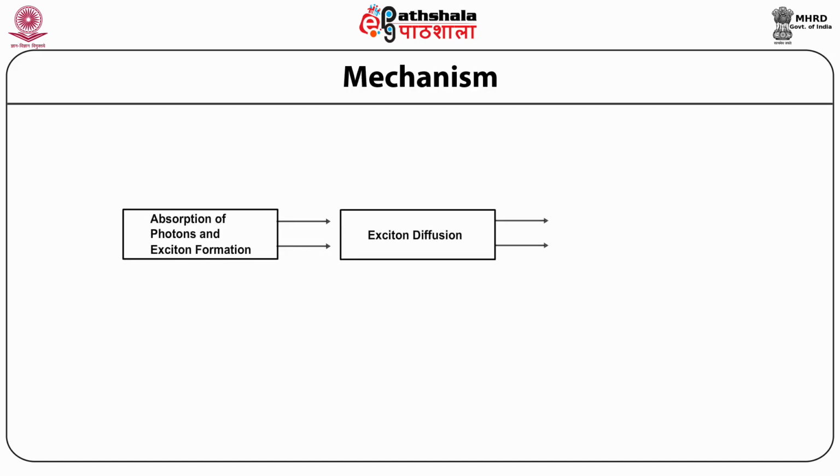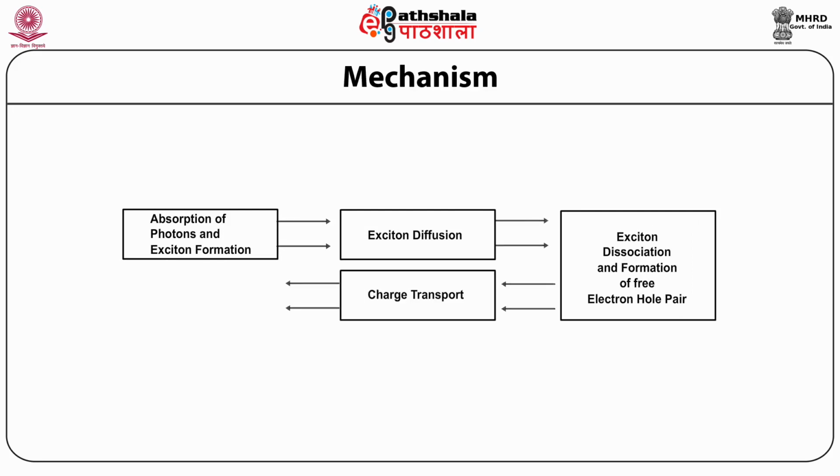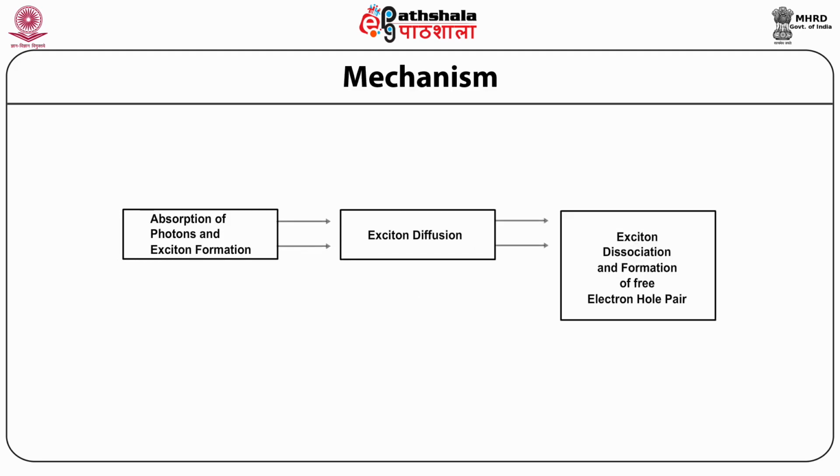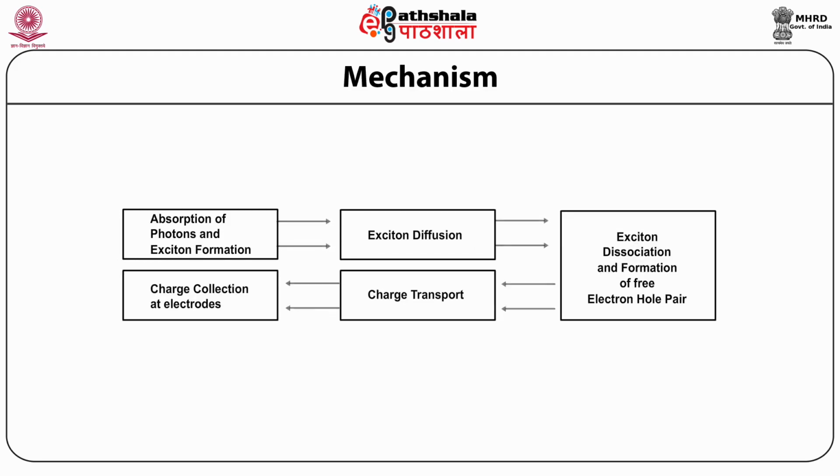Thus, the overall photocurrent efficiency of the device is given by eta total equals eta absorption multiplied by eta dissociation multiplied by eta output.